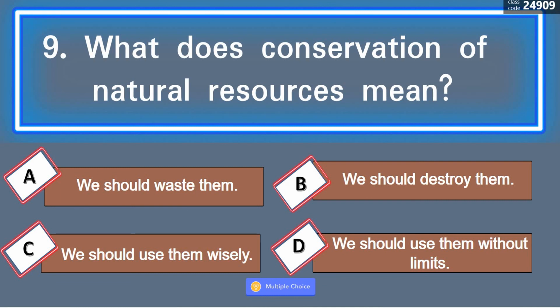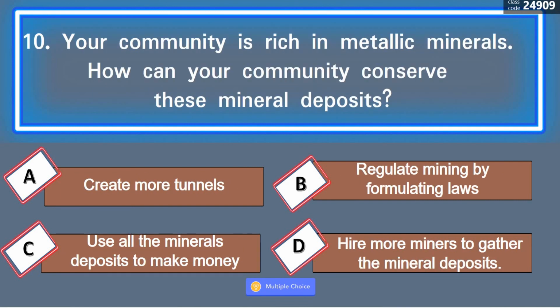Yes, we should use them wisely. It's letter C. Number 10. Your community is rich in metallic minerals. How can your community conserve these mineral deposits? It's letter B, regulate mining by formulating laws.